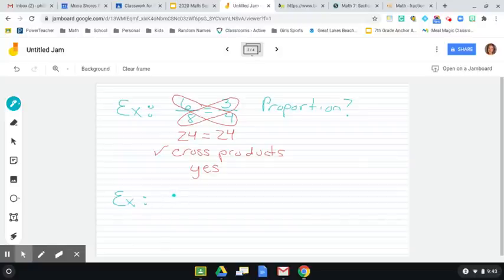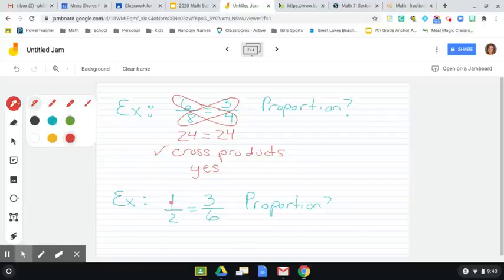So what if I wrote 1/2 is equal to 3/6? And I'm still going to ask that same question. Is this a proportion? Not using cross products. I want you to think about this.